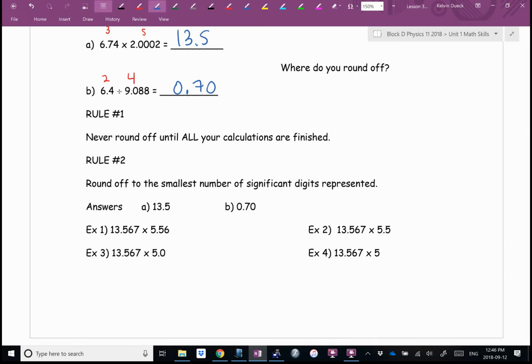Try these 4 on your own, looking at your neighbor. I'm going to freeze my screen, and then we'll see if we all get the same thing.